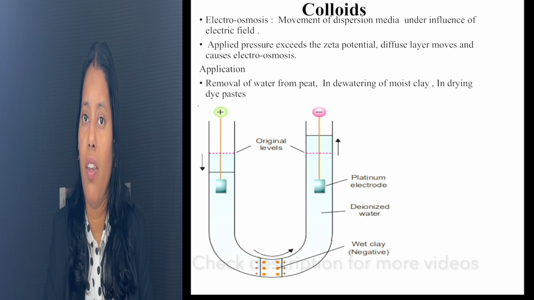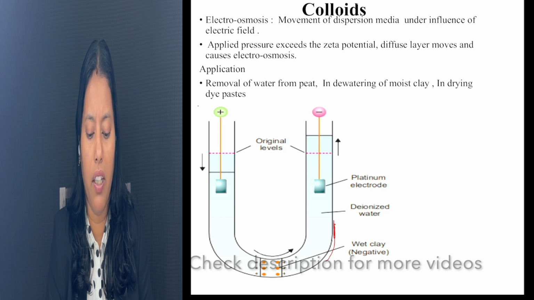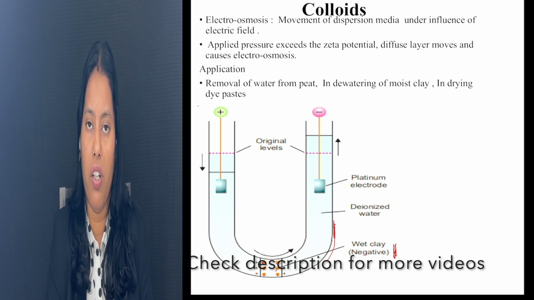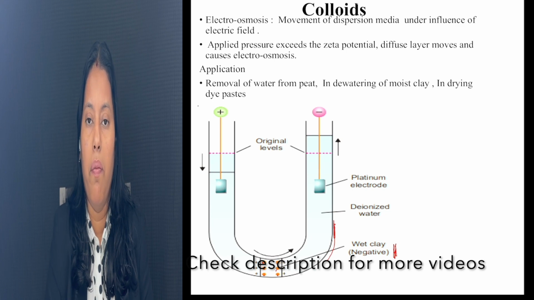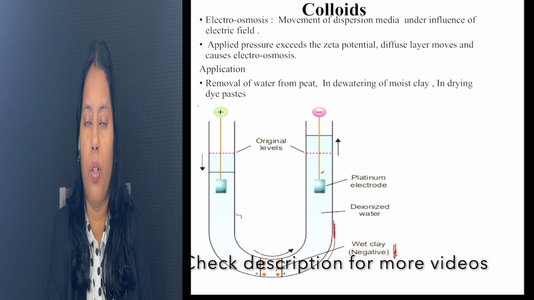Next you have electro-osmosis. Here we know that it is the solution which is moving. In this case, we have again taken the U-shaped tube, and in this U-shaped tube, you have taken wet clay which is negatively charged. This is the clay carrying the negative charge, and you have filled water in it. You have placed the electrodes in the two arms of the U tube and you are applying the electric potential.